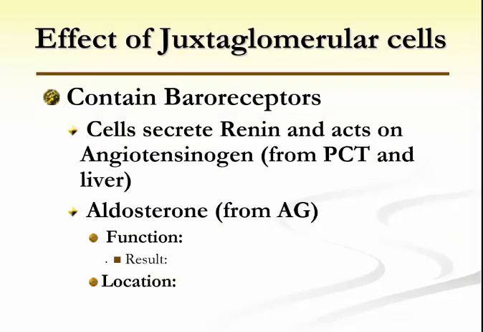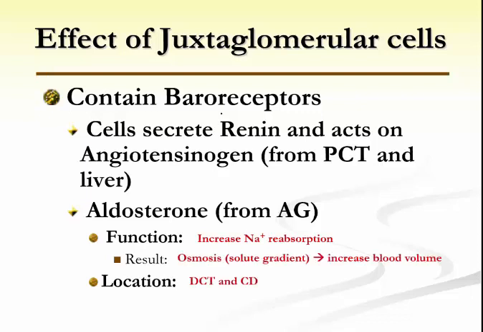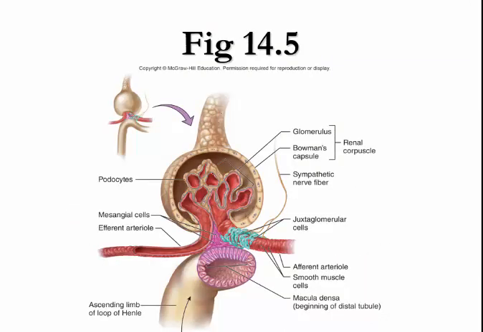Other role of the kidney was playing a role in blood pressure. So this is a little bit of a review from what we did with blood. But the juxtaglomerular cells, which were at the entrance to the glomerulus surrounding the afferent arteriole, let me just get to this diagram. These little aqua-colored cells right here, they had baroreceptors on them.